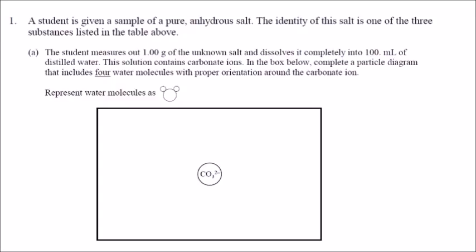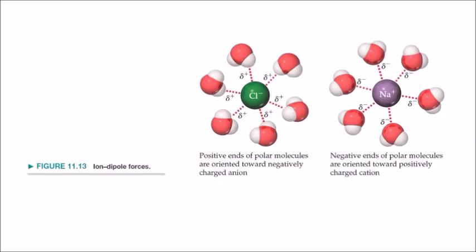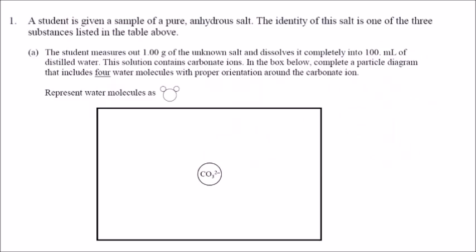In the box below, complete a particle diagram that includes 4 water molecules with the proper orientation about the carbonate ion. Now, in terms of the direction, the positive end of the water molecule, which is the hydrogens, should be pointing toward the negative carbonate ion. So the 4 water molecules should be arranged with the hydrogen end pointing toward the carbonate ion, like that.